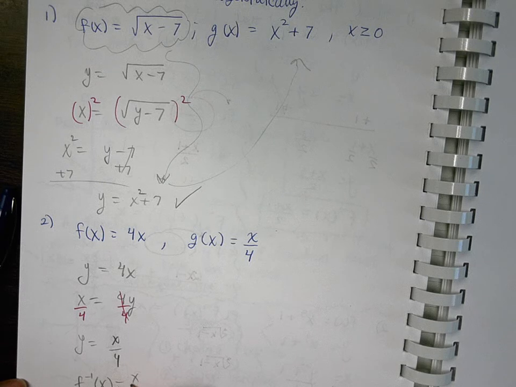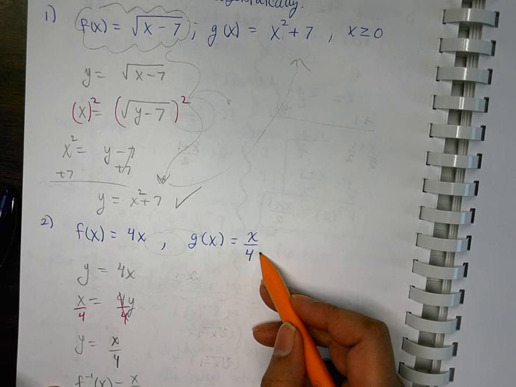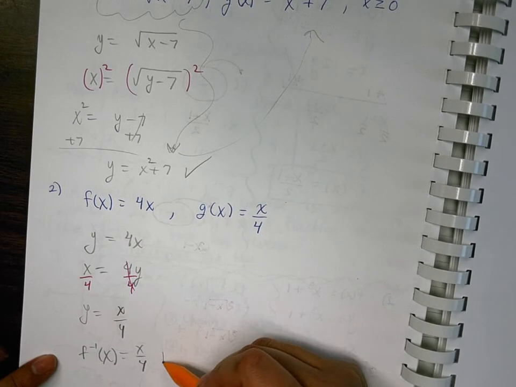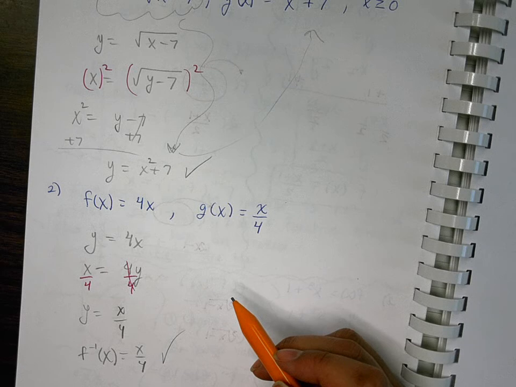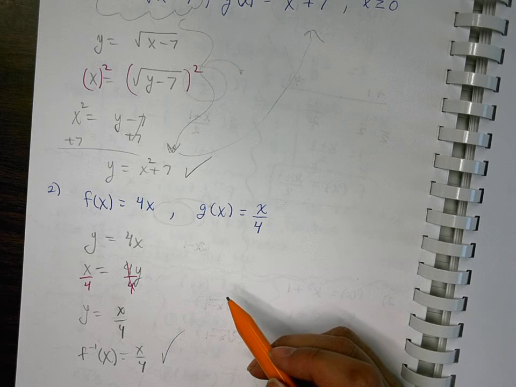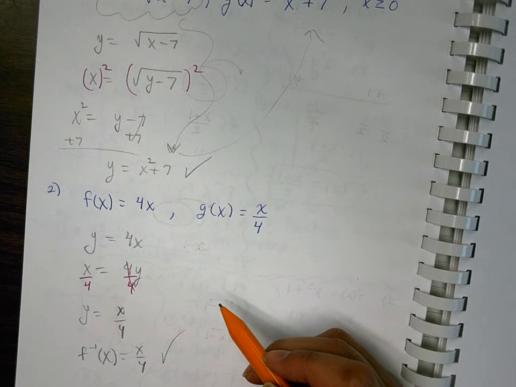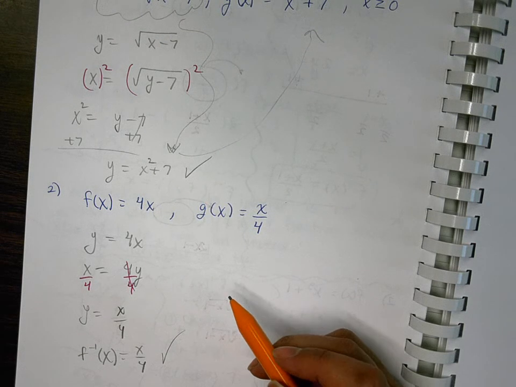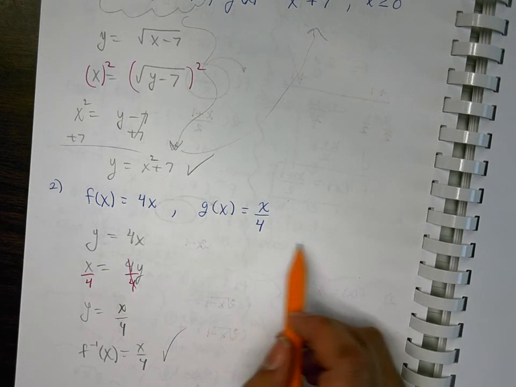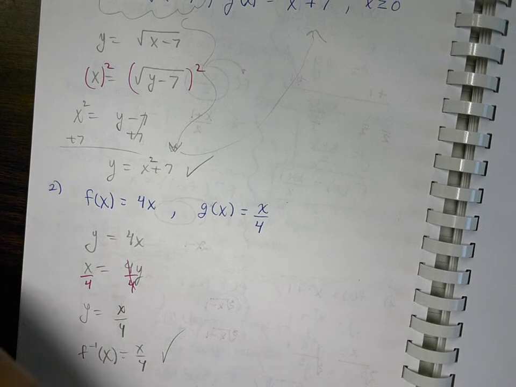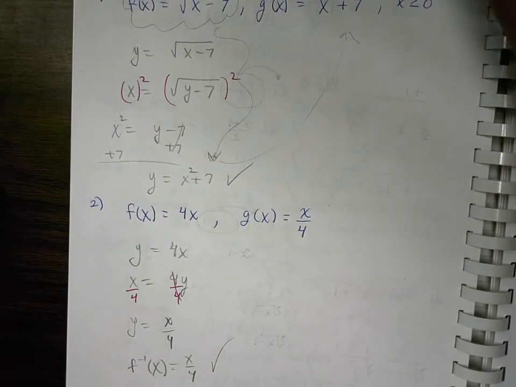So that's saying f inverse is x over 4. So is g the inverse of f? Yes or no? Yes. Does it matter which one you choose to change? It does not. All right, we're good?